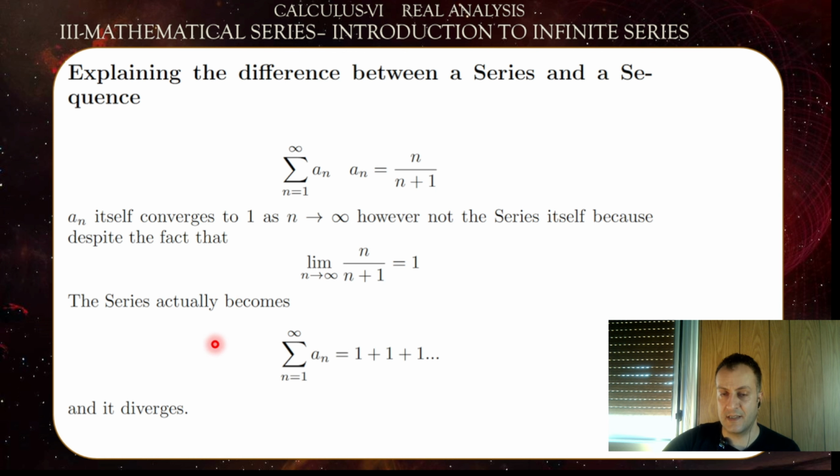However, the series is the sum of that sequence from n equal 1 up to infinity. For each term as n approaches infinity, it is equal to 1. So the series itself is equal to 1 plus 1 plus 1 all the way to infinity. It never ends. In other words, it diverges. That's a major difference between the sequence itself and the series.